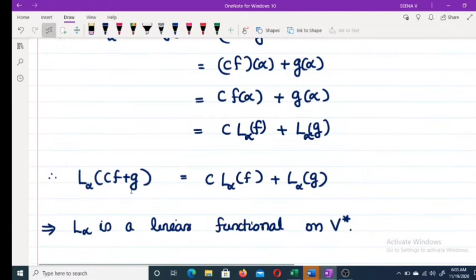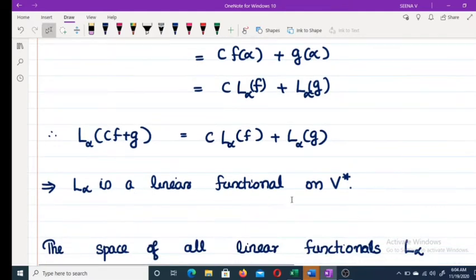Therefore L alpha of cf plus g equals c into L alpha of f plus L alpha of g. This implies L alpha is a linear functional on V star.